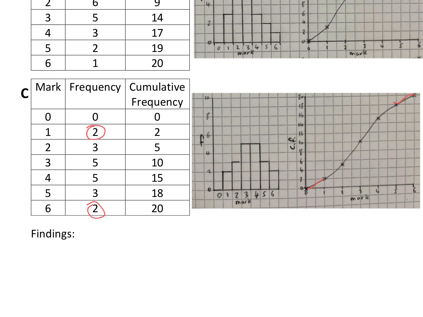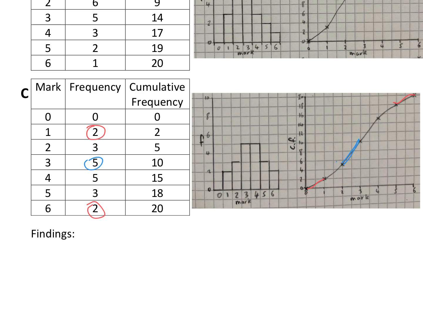So if you have a small frequency, the cumulative frequency doesn't rise by much, so you get quite a flattish part of it. And then you can see in the middle here, we've got 5. So that's going to jump the cumulative frequency from 5 to 10. And then that bit is quite steep.